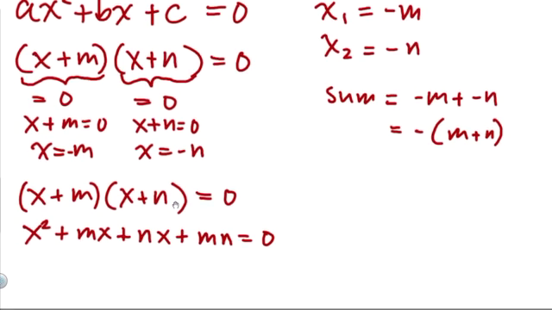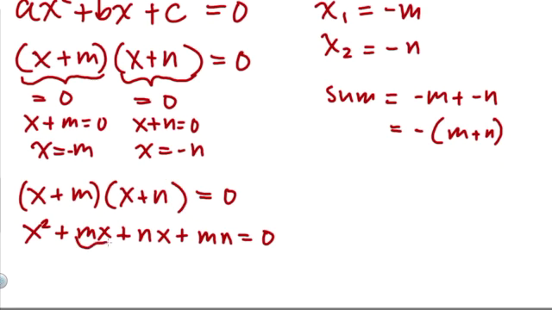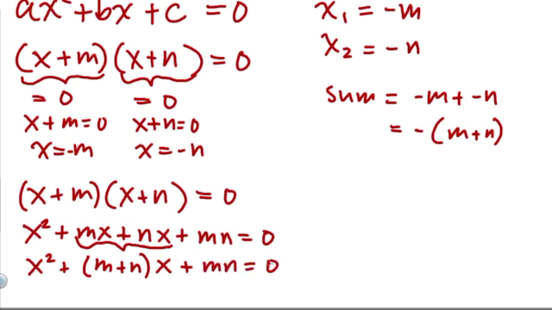Now we're going to combine like terms. We have the like terms for the variable x. So we have x squared plus, let's take out x, and we have m plus n inside the parentheses, m plus n times x, plus the product of n and m, which is equal to 0.